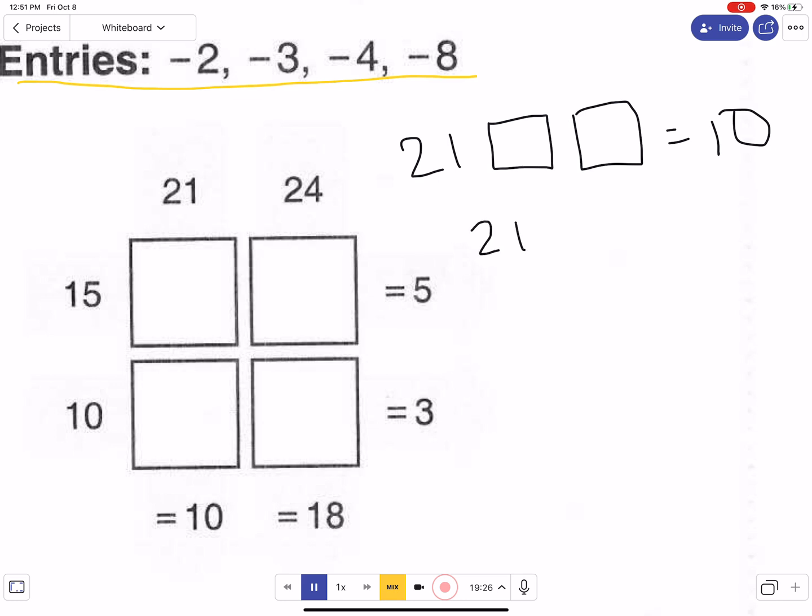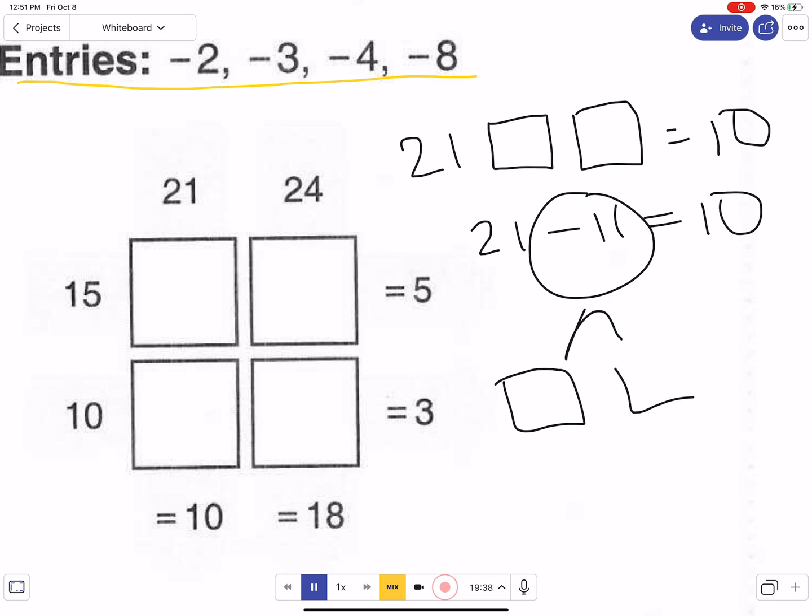If you said 11, you're correct. 21 minus 11 would equal 10. So now we need to break up 11 into 2 parts. So which one of our entries here equals 11? If you said -3 and -8, you're correct.